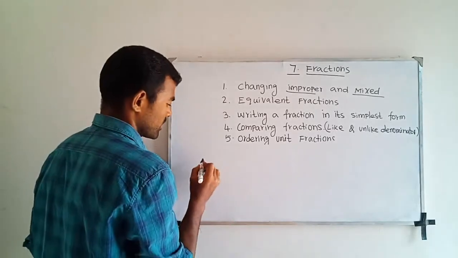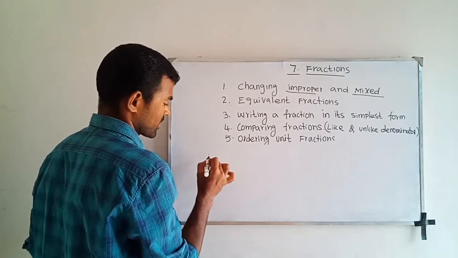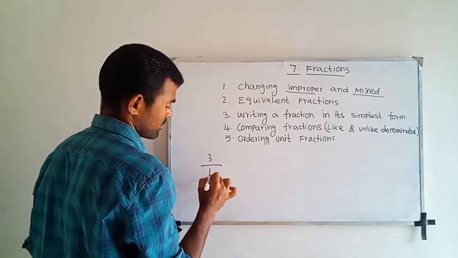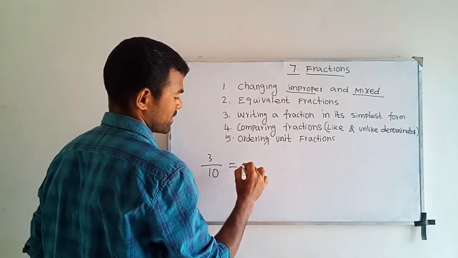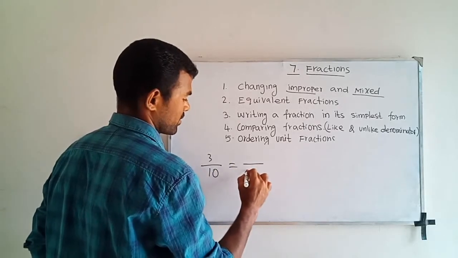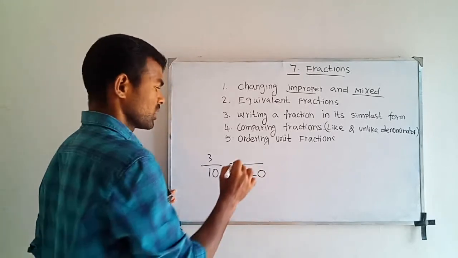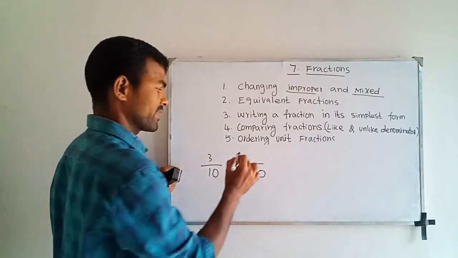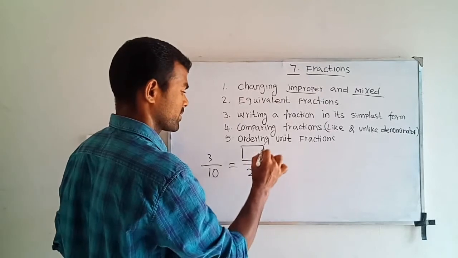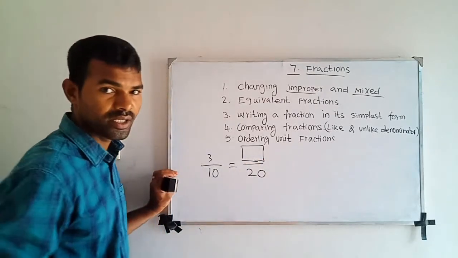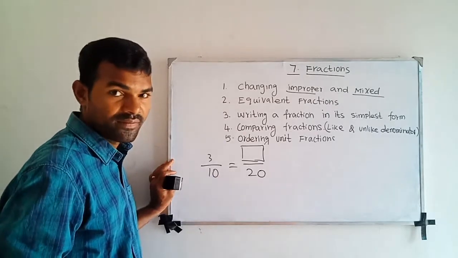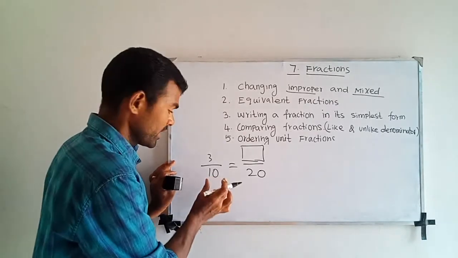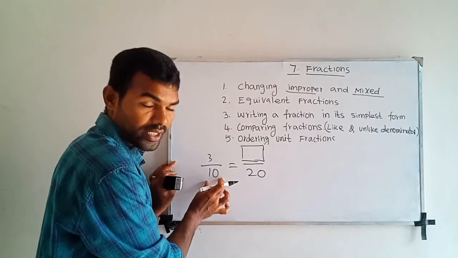Okay, now let us see a number here. Let us see what number will come in this box. What number will come in the numerator? So how to find that? For that, 10 is in the denominator.